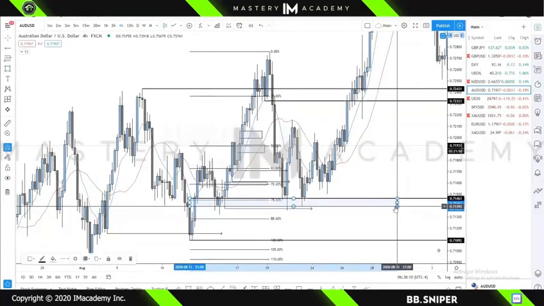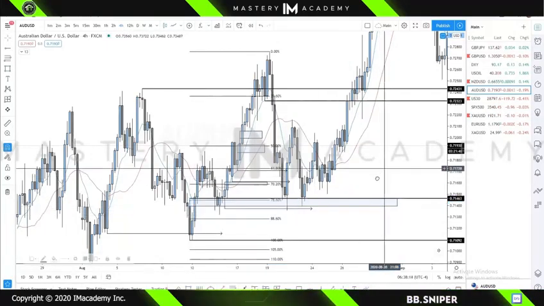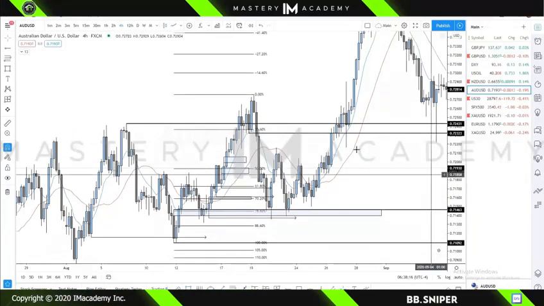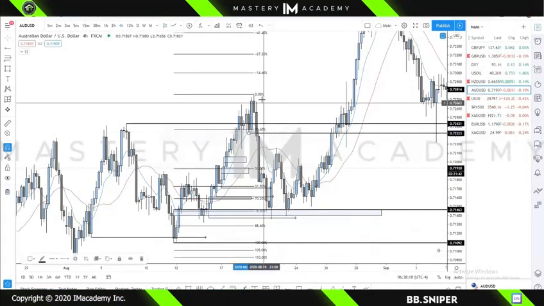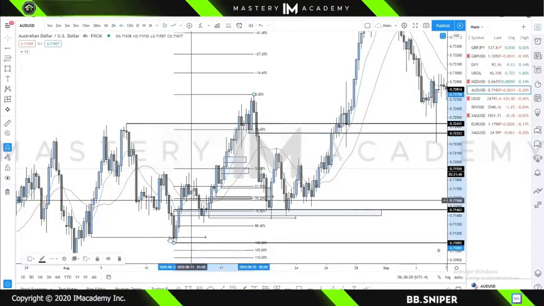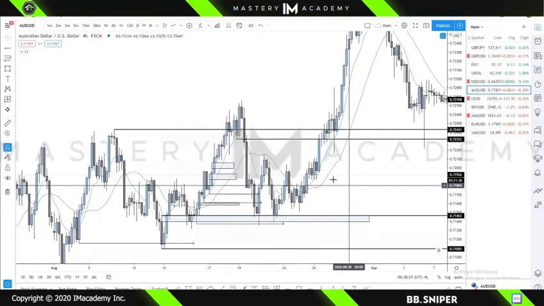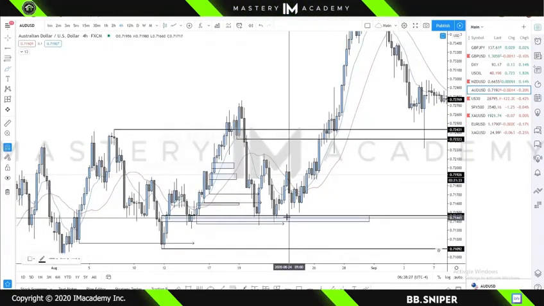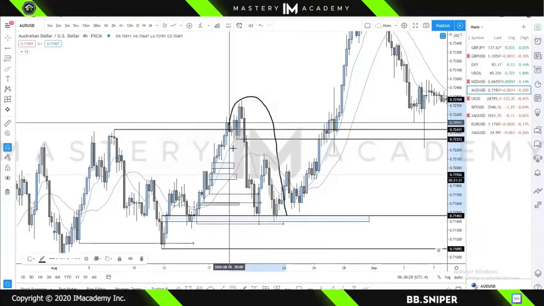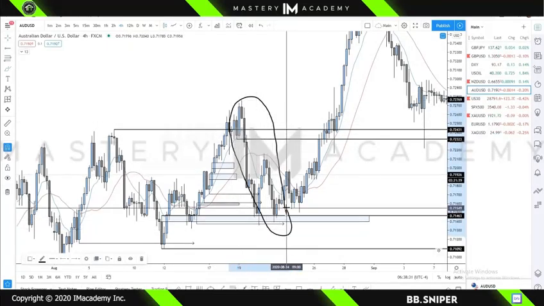So what happens now after internal liquidity is sought and captured? Now they have to go back to the upside and capture external liquidity. They know there are people that got in on this move down, sellers that got in on that, so they have to take them out.